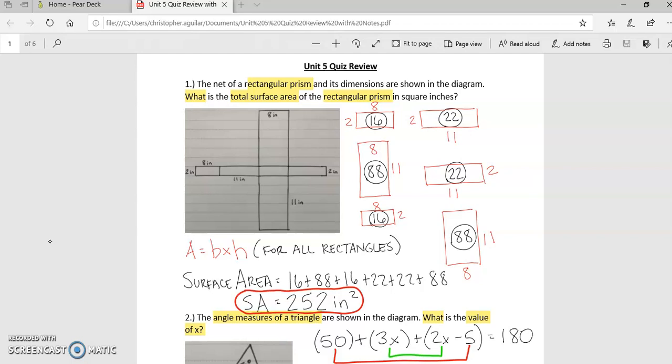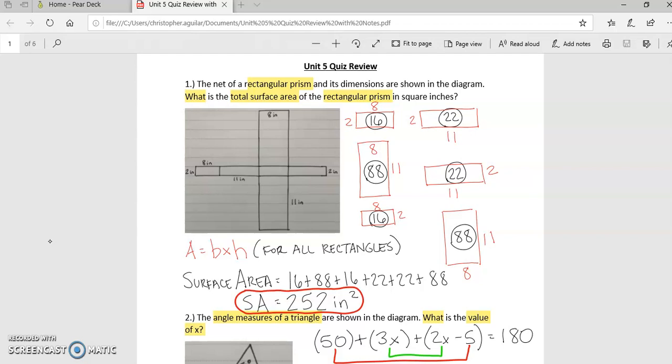Moving on to the next one, I have 8 up here as the width or like the height, and then I'm looking for the base lengths right here on the sides. The only one that I see that's matching is this 11 that's matching on these sides. So I say okay, that means I have an 8 by 11 rectangle.